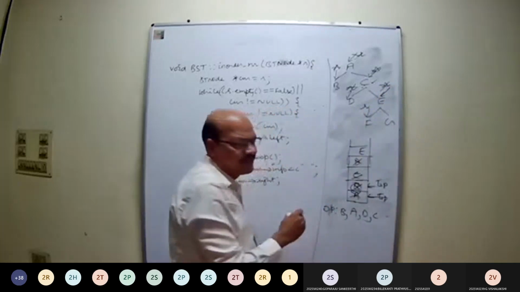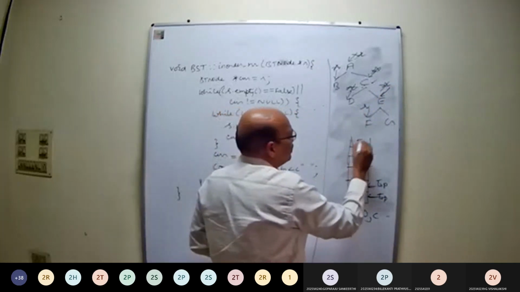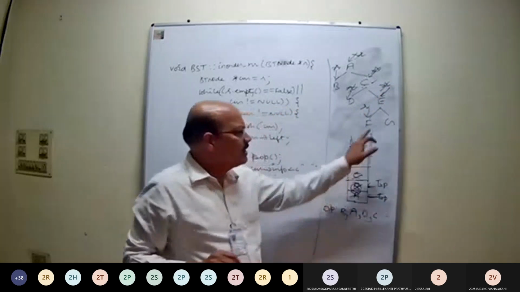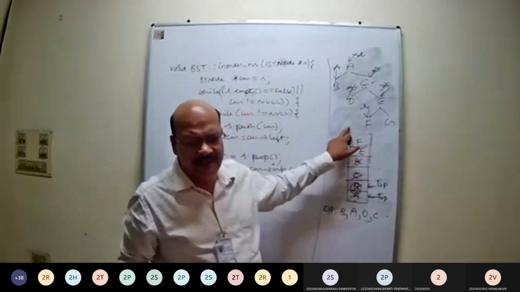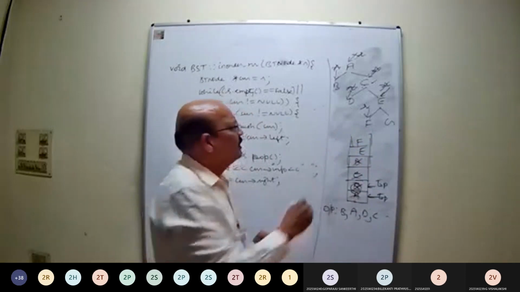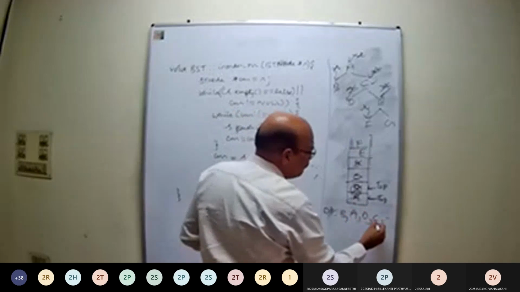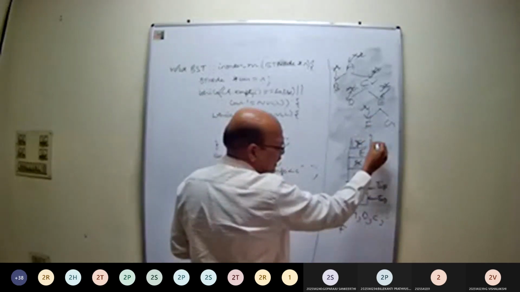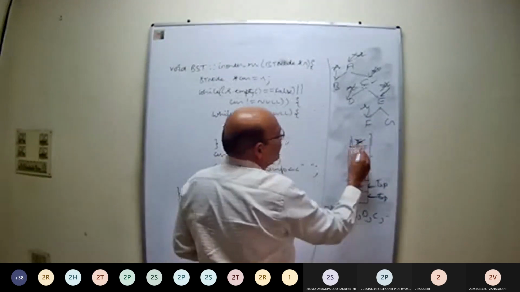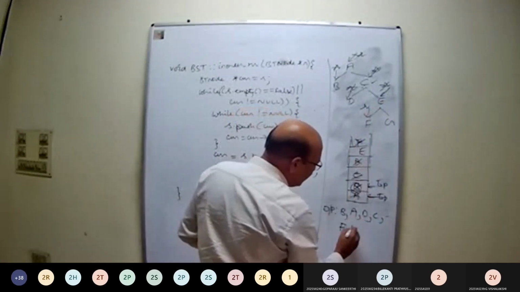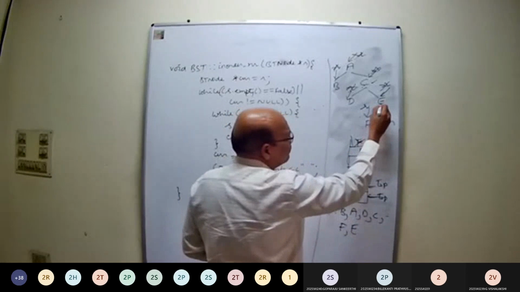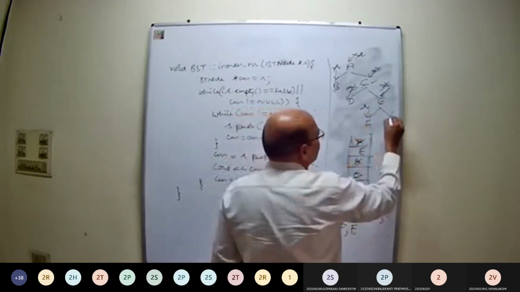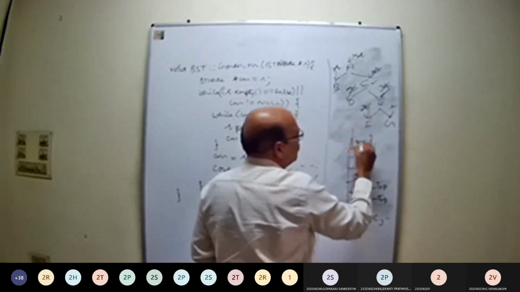Make R point towards its left chain. F, push it. We have reached the farthest left chain; F does not have a further left chain. So pop out and display, and then check whether F has a right chain. No. E, pop out and display. Check whether it has a right chain. Yes, so make the temporary pointer point to this.